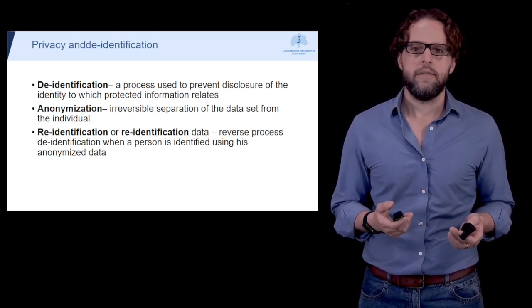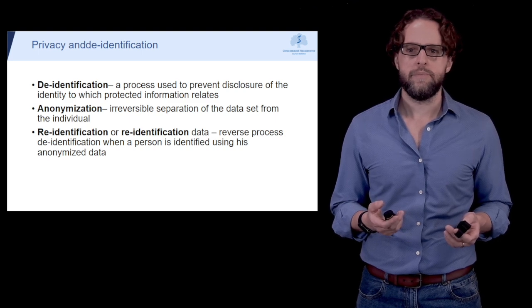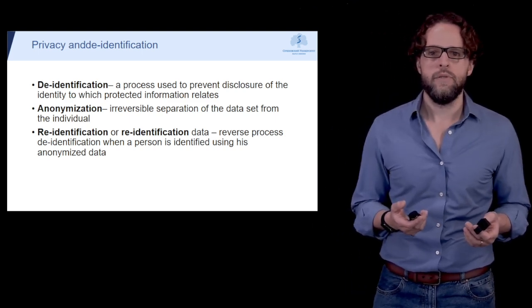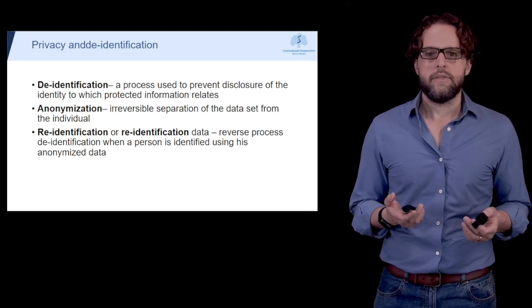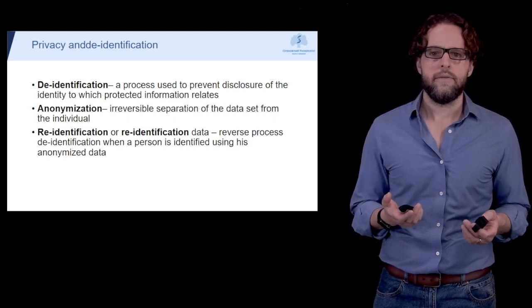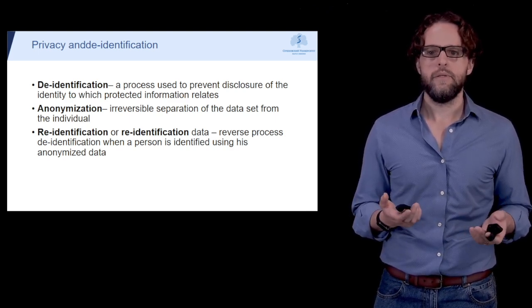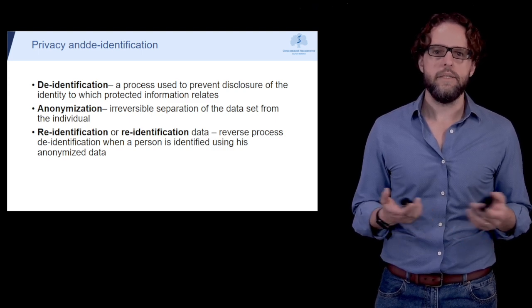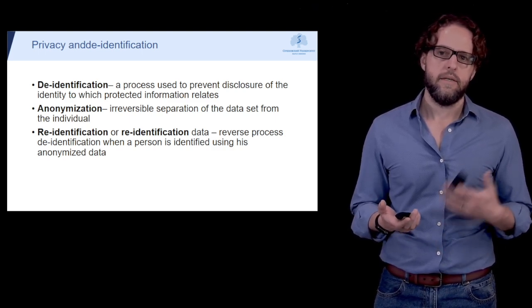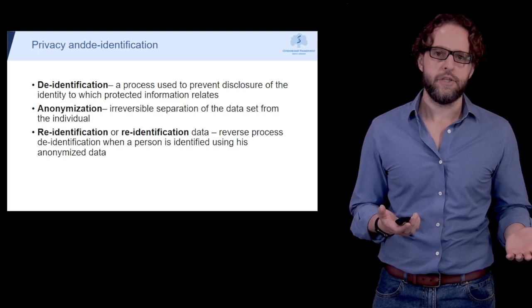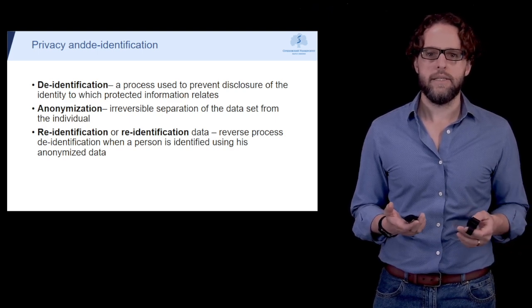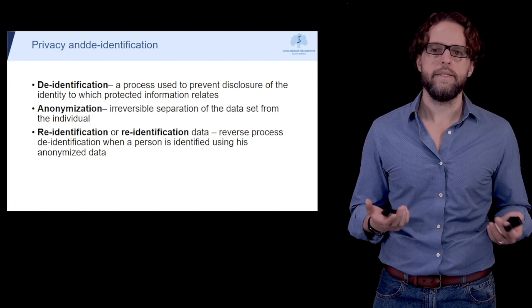Anonymization is a more strict concept. It refers to the reverse of the dataset, so that an individual will not be able to be identified in the future, even by study organizers, under any conditions.